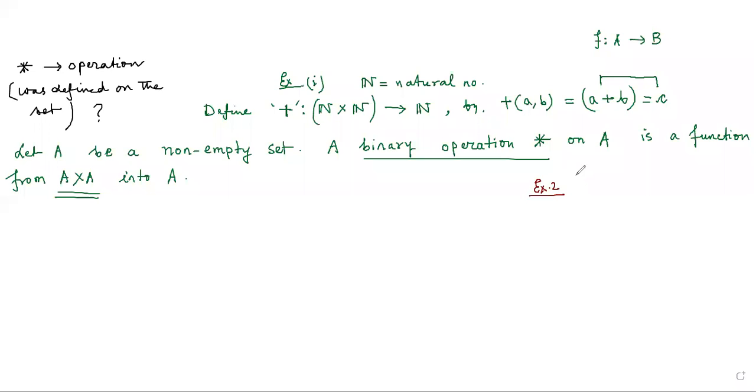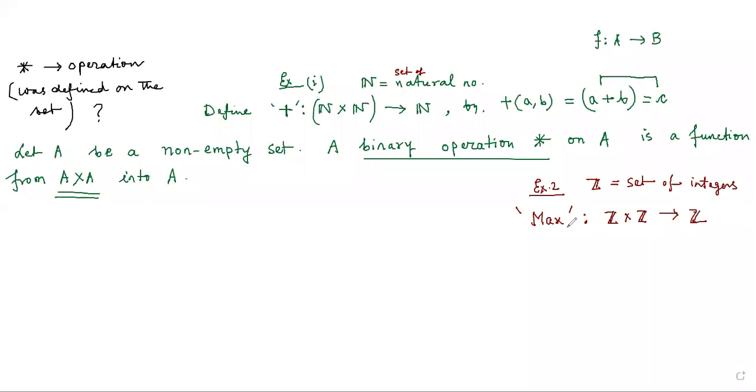Anyways, example number 2: suppose I consider the set of integers Z. And if I define a binary operation in the following manner, in place of f, I'm writing max. So max goes from Z cross Z to Z.